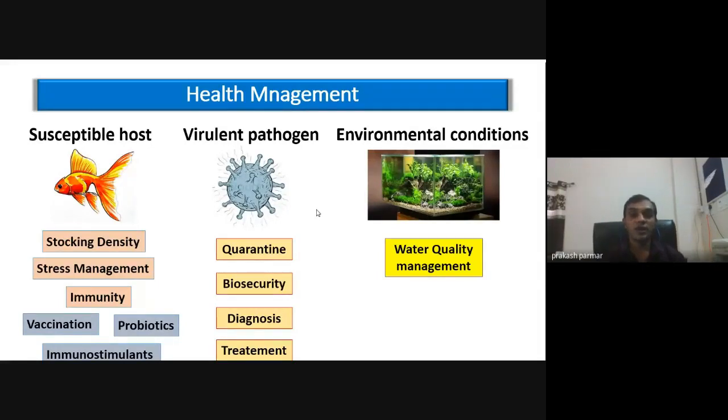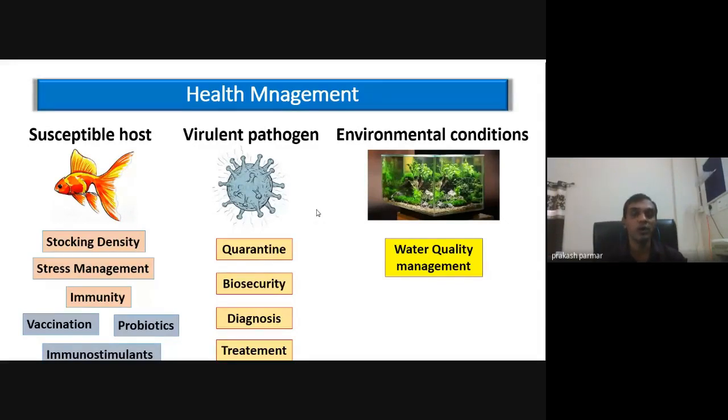Another thing we can use is probiotics. Probiotics are beneficial bacteria. When we apply them, the beneficial bacteria go to the intestinal area and build a colony, and that prevents the attachment of pathogenic bacteria in the intestinal part. It also has beneficial effects like growth, and it provides some vitamins.